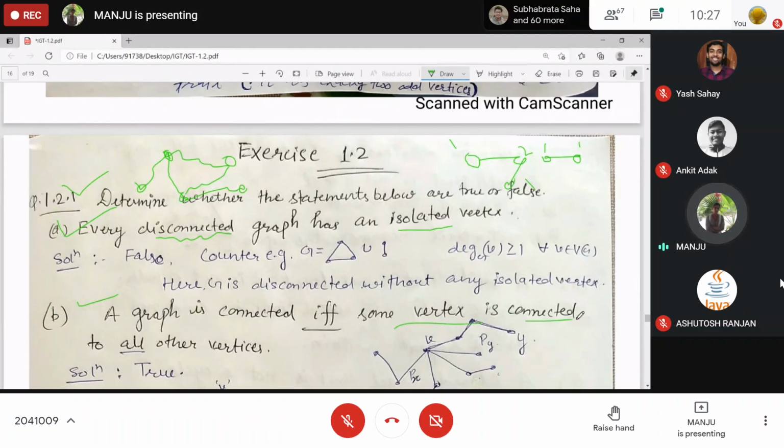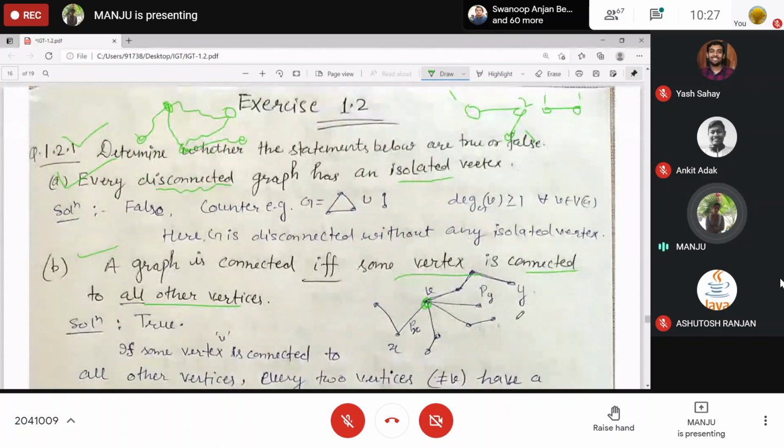Some vertex is connected to all other vertices. That's true, right? And if there exists a path from one vertex to every other vertex, then via this vertex only, you can find a path between every two vertices.